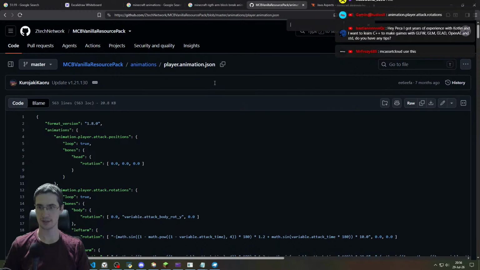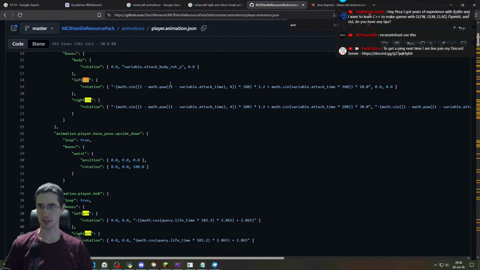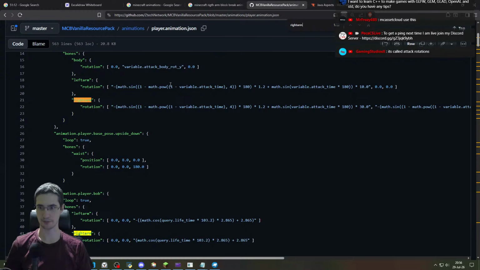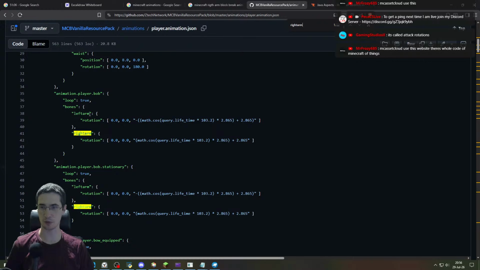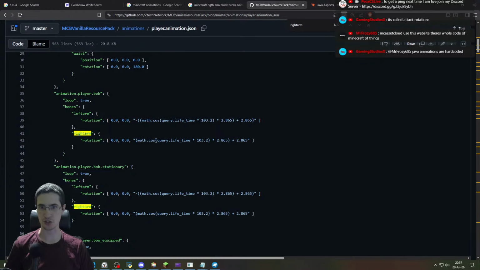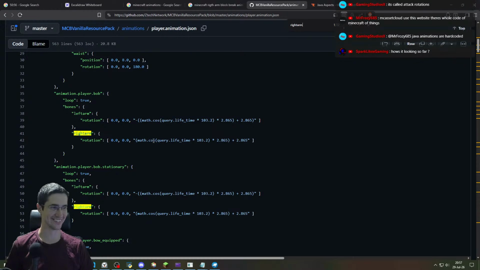No. Arm, left arm. Okay, let's search for right arm. The right arm, player bop. Oh, this is the bop animation. This is helpful. And it's just on the Z axis and it's a cosine. Yo, nice.